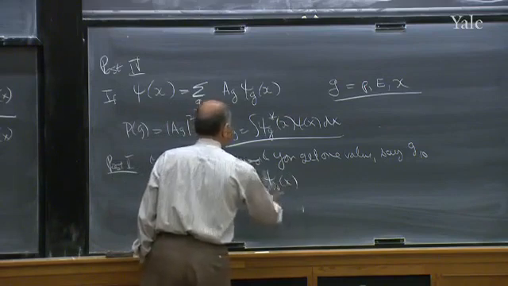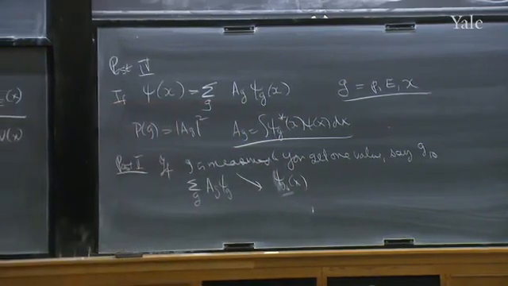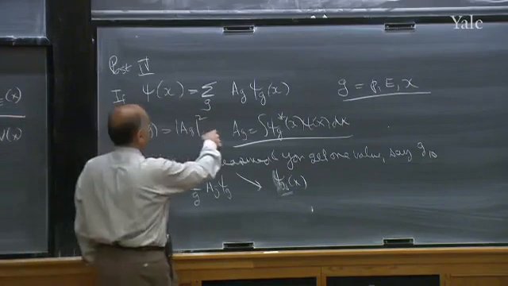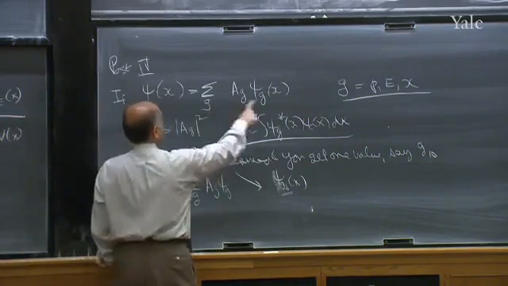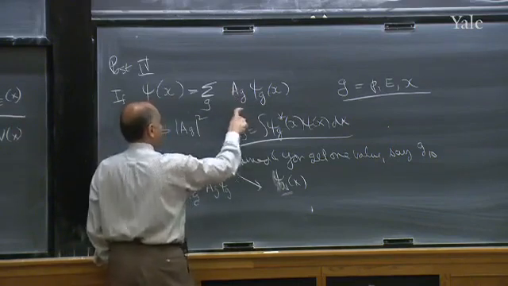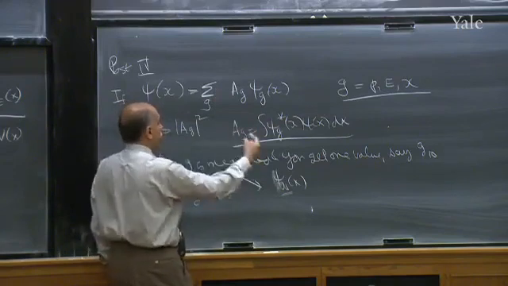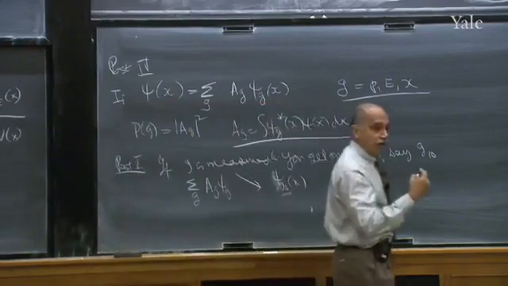G naught is a particular value of g, namely the third value, the fourth value, or the ninth value. This says the state collapses. So originally, you have a state, a general one, which is potentially capable of giving any possible answer that's contained in this sum, with the probability proportional to the square of the coefficient. But once you made a measurement, and you got a particular answer g, call it g naught, all the terms of the sum disappear except the one term corresponding to the one answer you got.